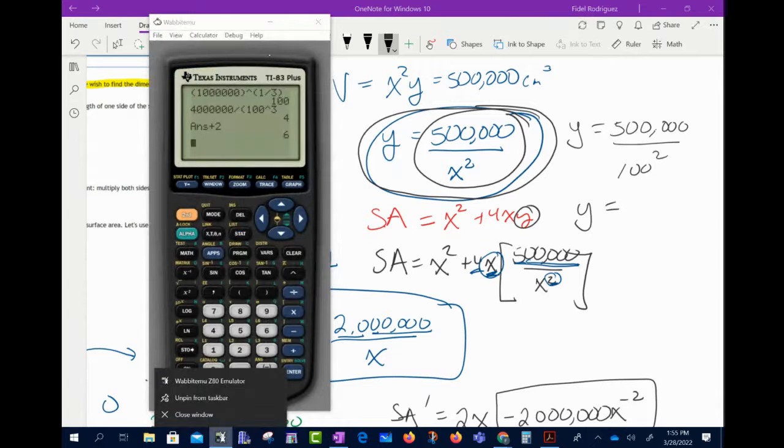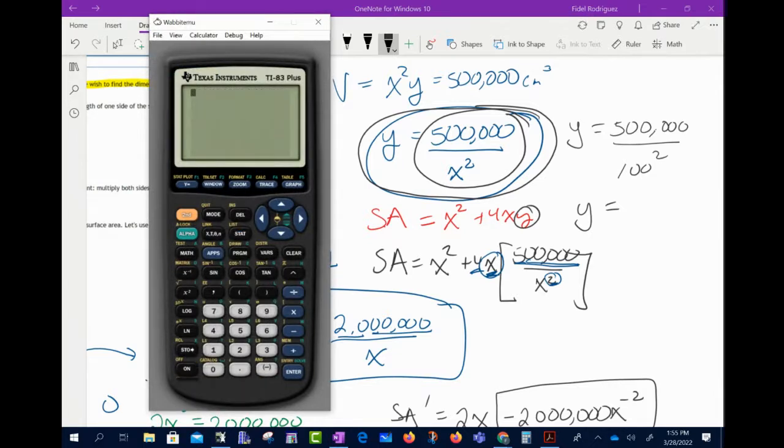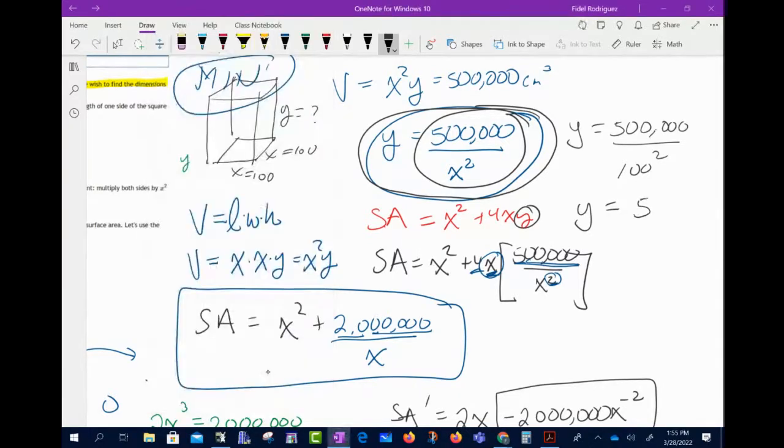So if I take 500,000 divided by 100 being squared, my Y value is 50. So what are the dimensions of the box? 100 by 100 by what? By 50.